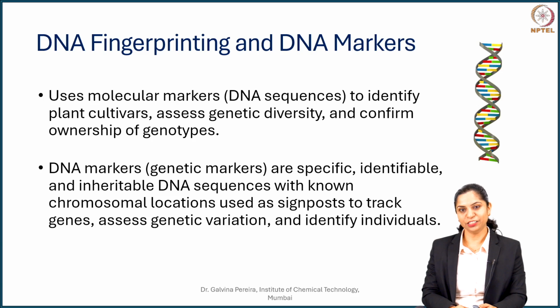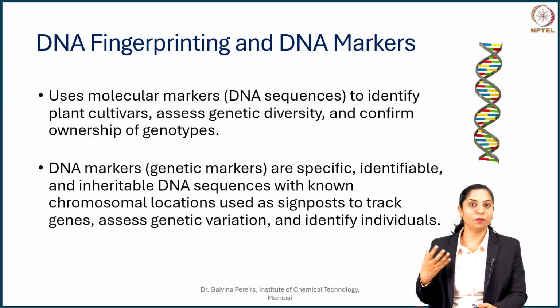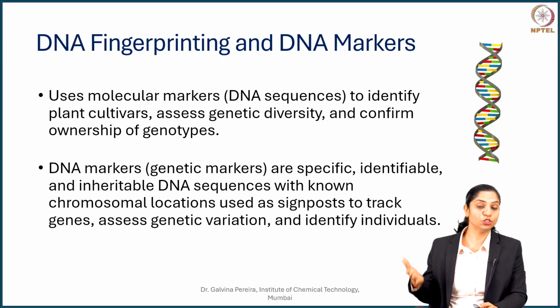Now DNA markers have been used to identify plant cultivated varieties. They are used to assess genetic diversity as well as to confirm ownership. Now where does ownership come in? With plant trade going global, there are agreements like the Biodiversity Act and the TRIPS agreement wherein you can register your plant as a geographical indication, to prevent the use or abuse of that plant.